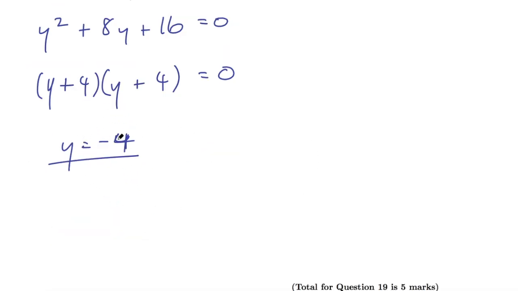So I can substitute that value back into the first equation. So x equals 10 plus 2 times minus 4. So x equals 10 minus 8, which is 2.